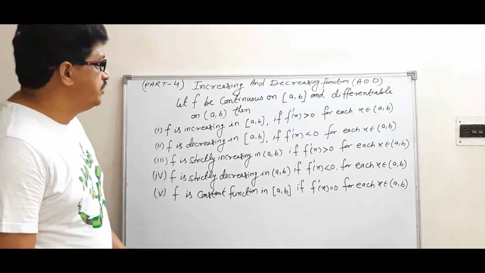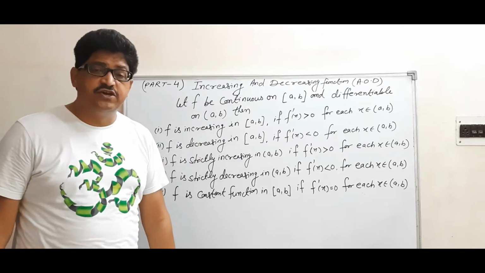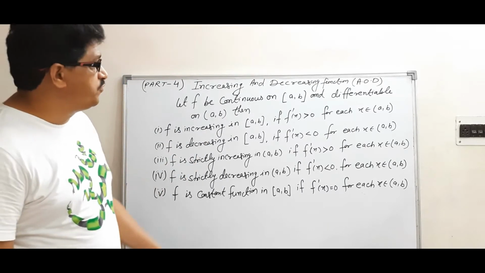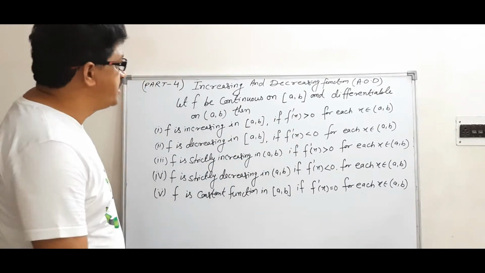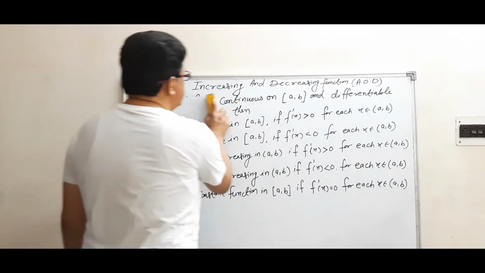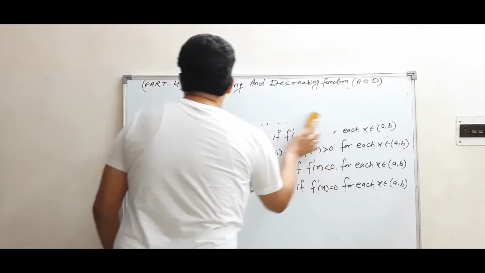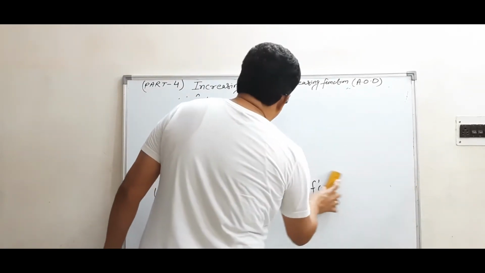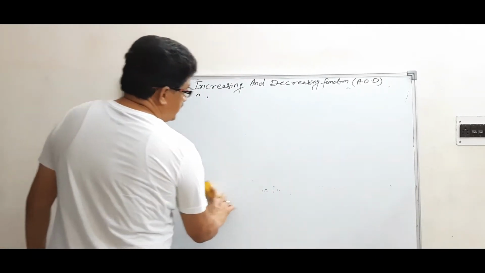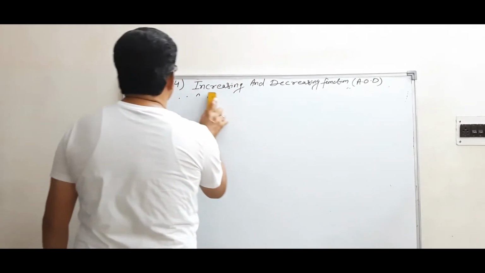So now, to decide whether a function is increasing or decreasing, we have to find values of x for which f'(x) is greater than 0 or less than 0. First of all, you should know how we can find the values for which a function is increasing or decreasing.